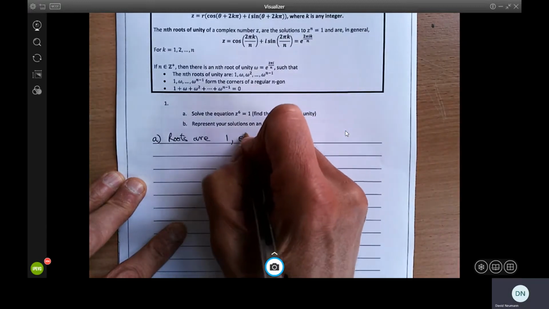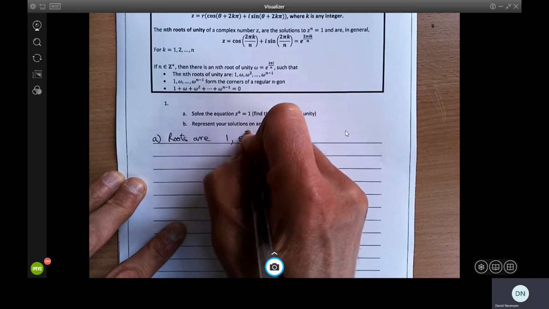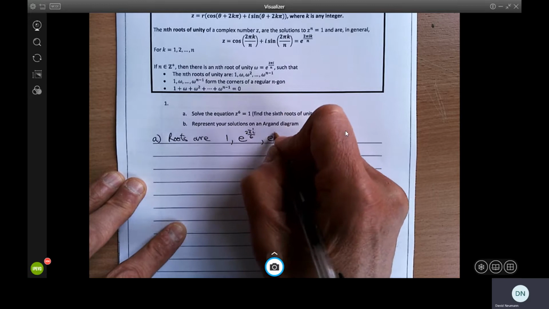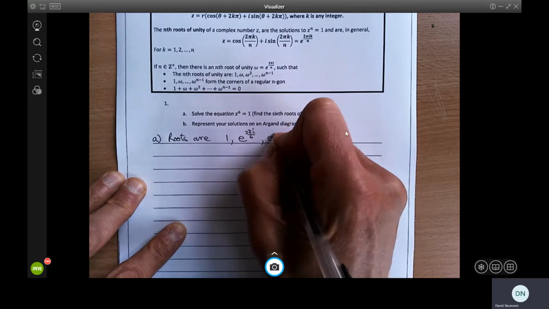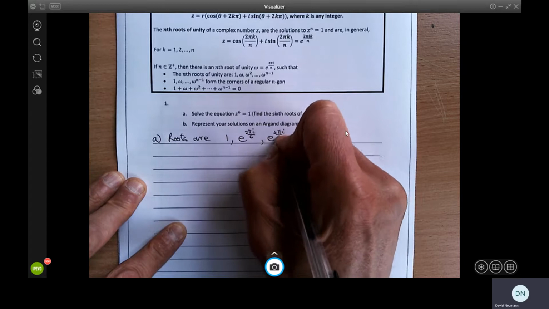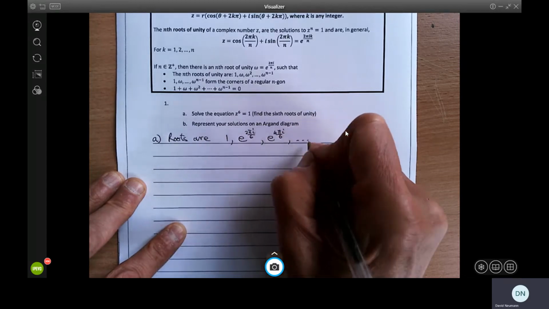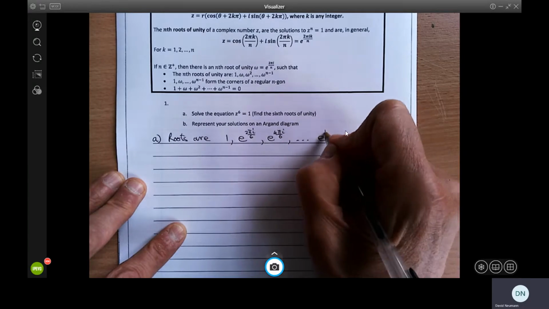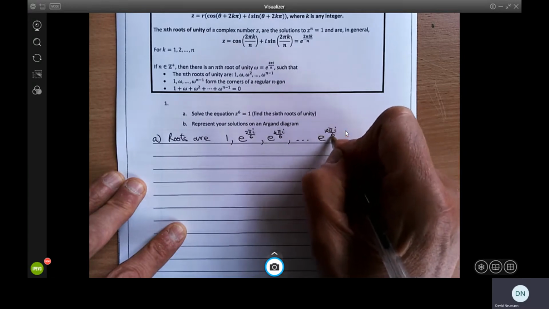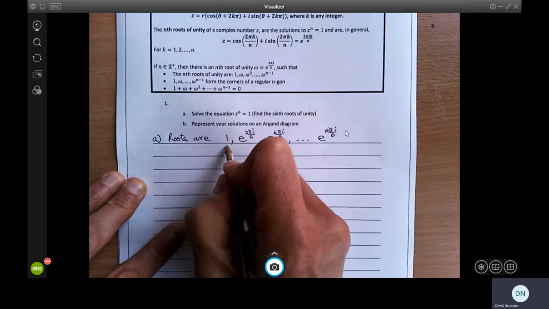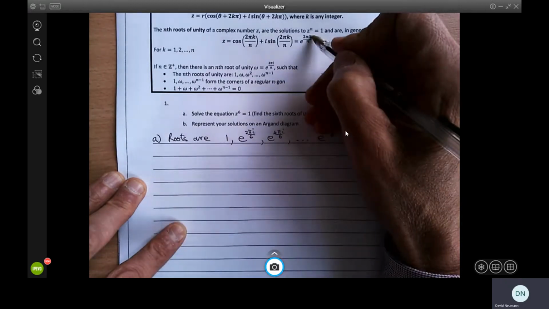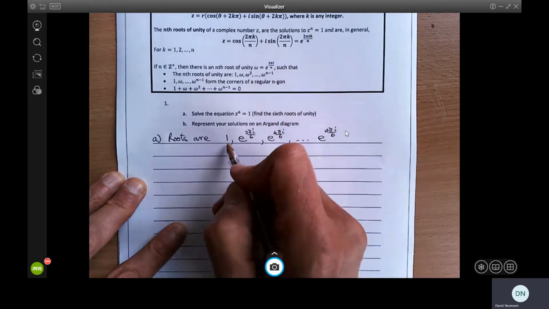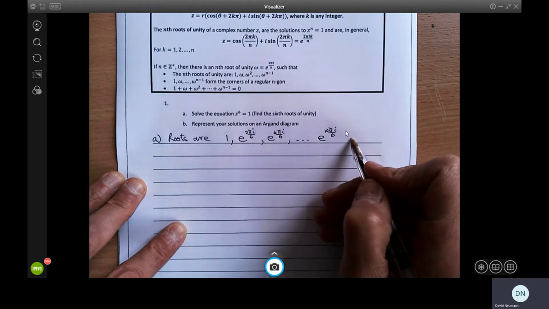So we're going to have e to the 2 pi i over 6. We're going to have e to the 2 pi i times 2 over 6. So that's 4 pi i over 6, and so on up to, we need k equals 5, so that'll be 10 pi i over 6. This one here comes from k equal to 6, so e to the 2 pi i times 6 over 6. I've put it this end rather than this end.